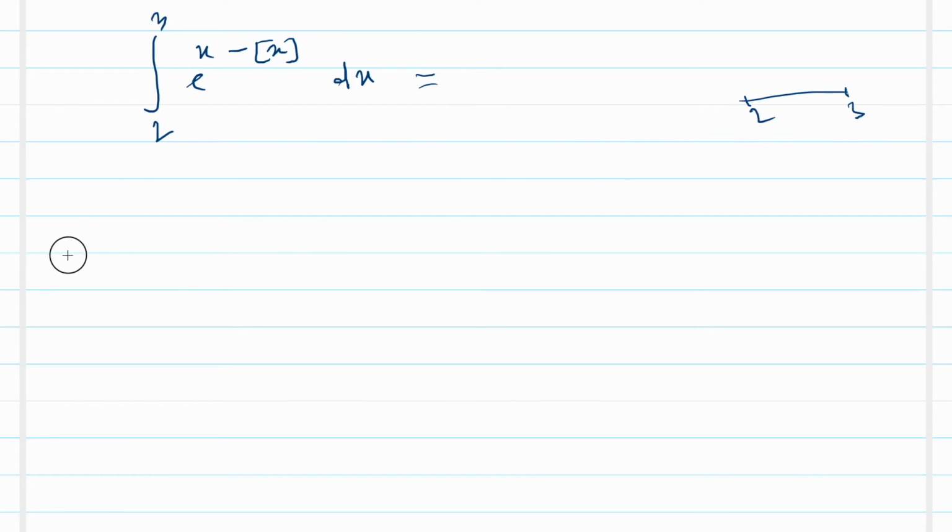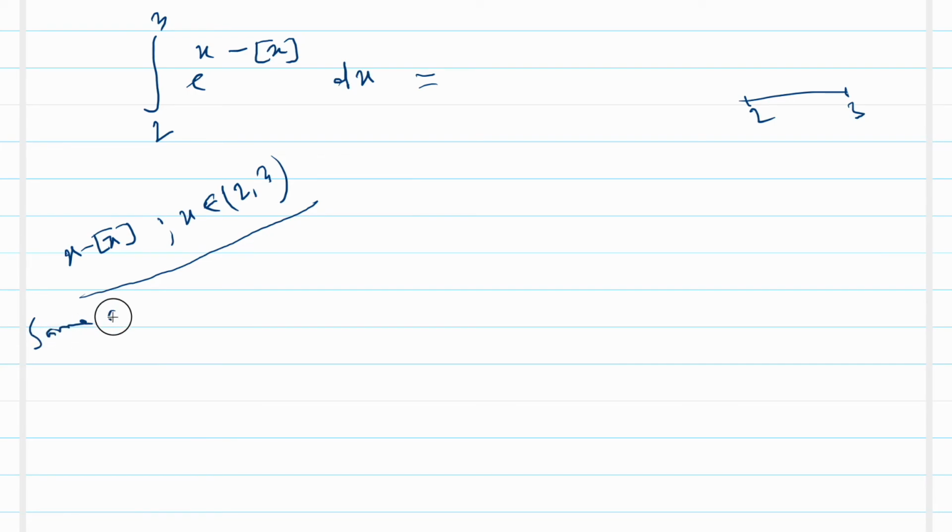The function x minus box x when x belongs to 2, 3 is the same function as x when x belongs to 0, 1. This is the catch and this is the understanding. This is all which is there in this problem, nothing else.